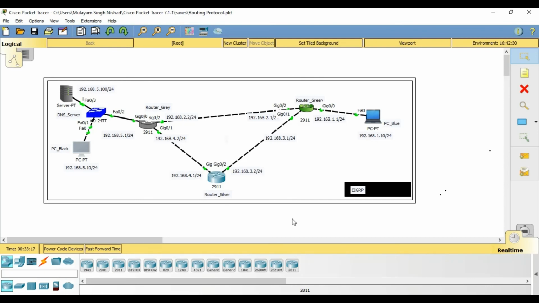And if you have any question related to how I can ping any device with the host name instead of IP address, it is quite easy. Configure a DNS server in the network, and then DNS services.